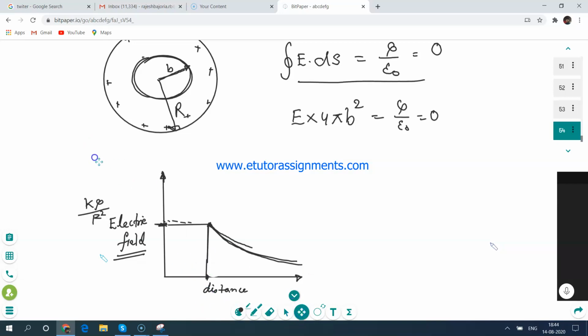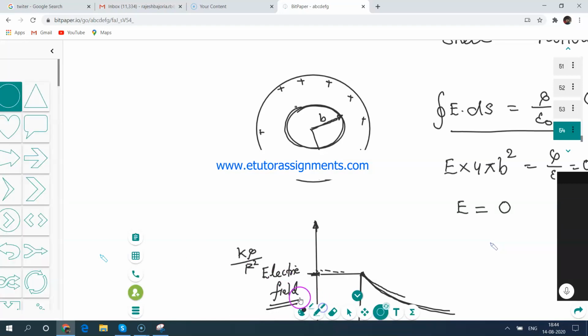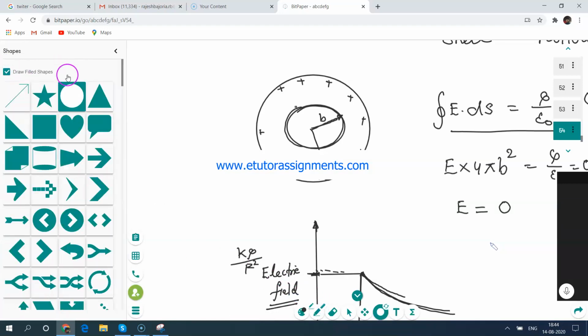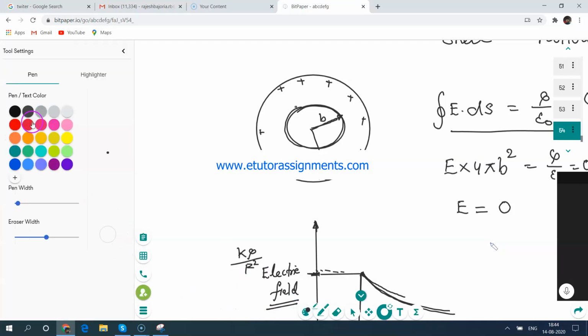Now, Anastasia, please look here. This is the hollow sphere, the spherical cell. Now, what happens if I take one solid sphere? Let me draw.